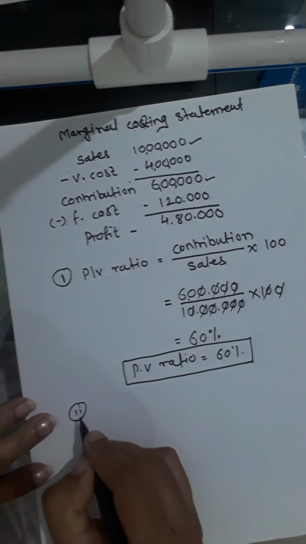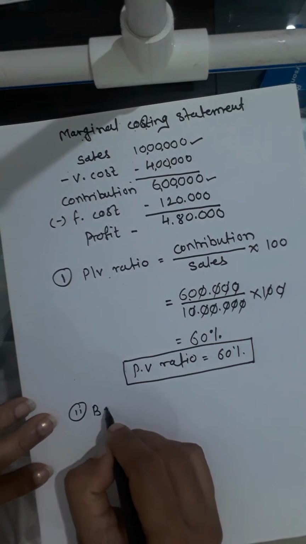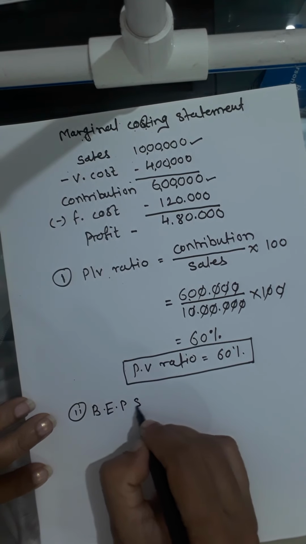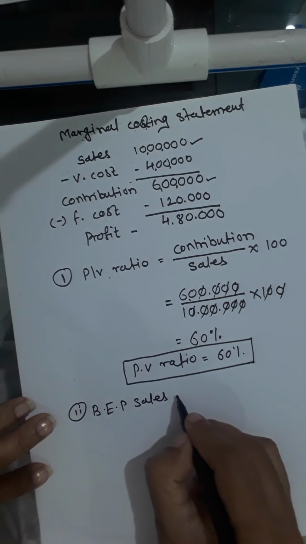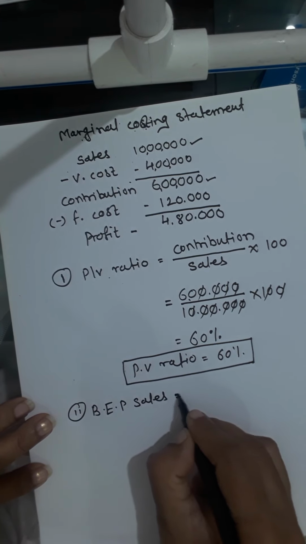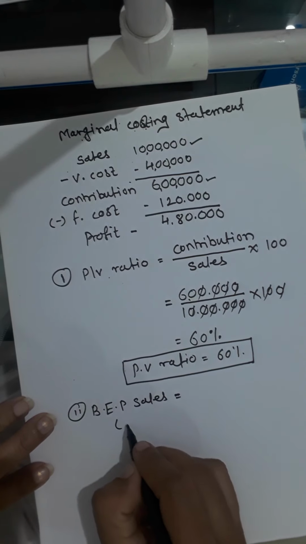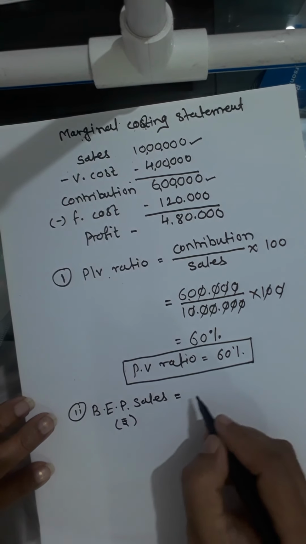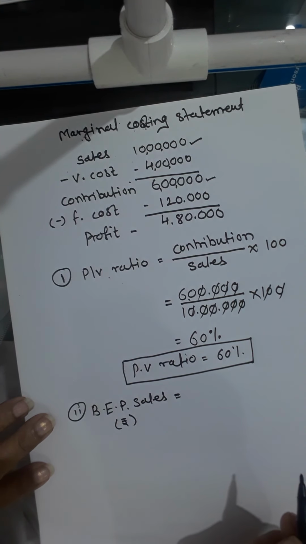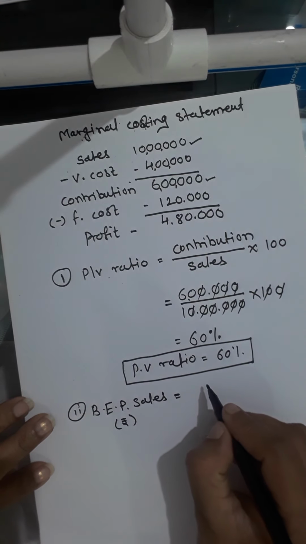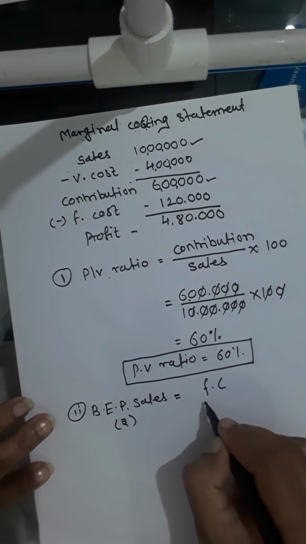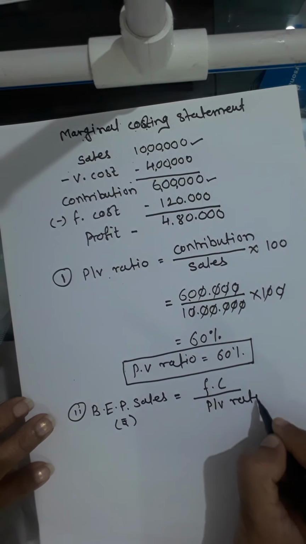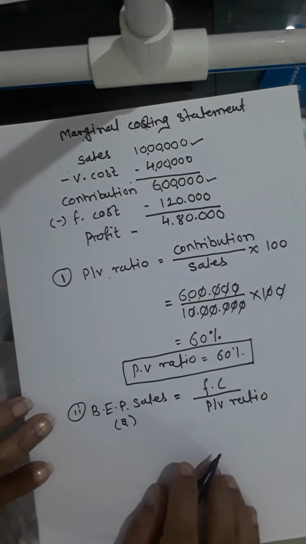The second thing we have to find out is BEP sales. Students, BEP has a number of formulas, but here we have to find out BEP in sales, means in rupees, not in units. So the formula for BEP sales, to find out in rupees, is fixed cost upon PV ratio.